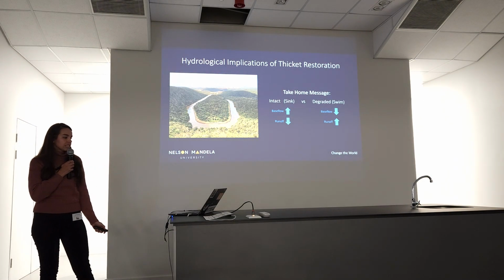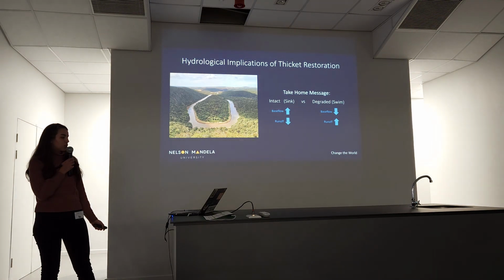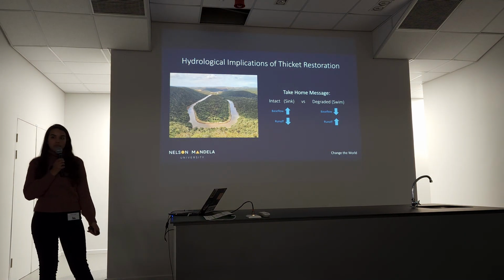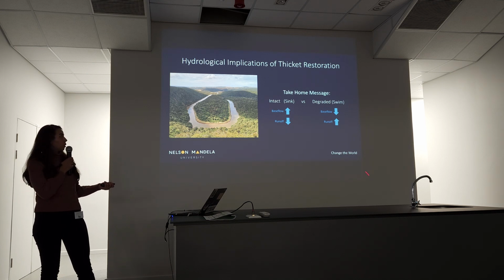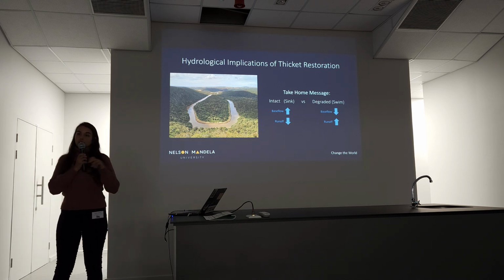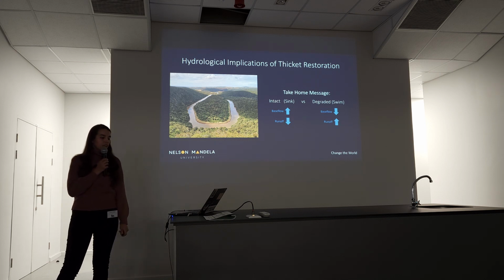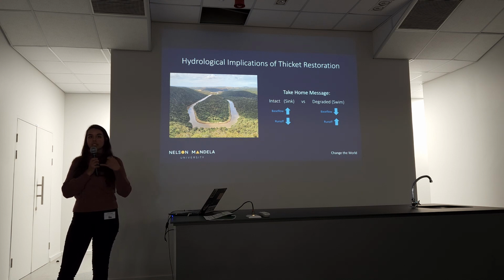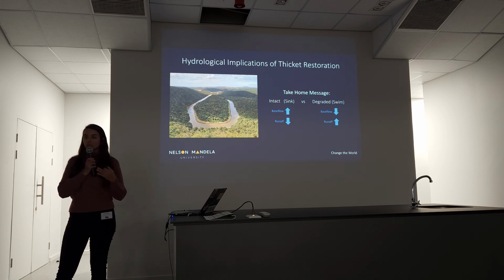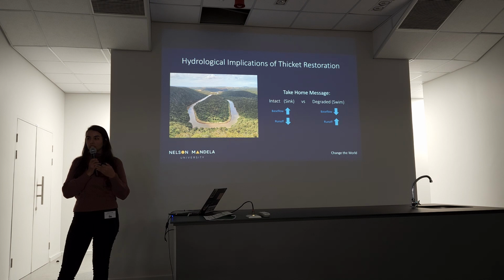So to summarize, the hydrological implications of thicket restoration at a catchment scale mean that yes, you will have lower runoff or surface flow, but you'll have an increase in your base flow or your subsurface flow. You also have less sedimentation, and less sedimentation for your receiving aquatic systems such as dams and streams will decrease the loss of water holding capacity.